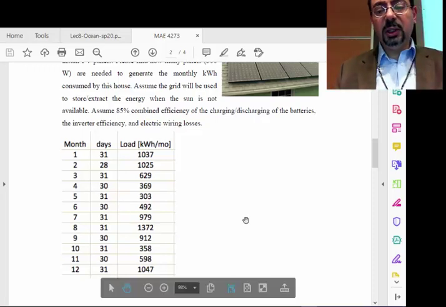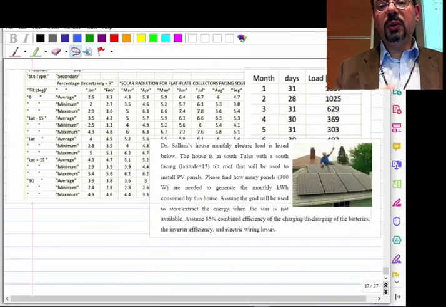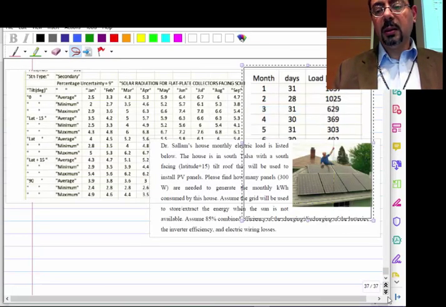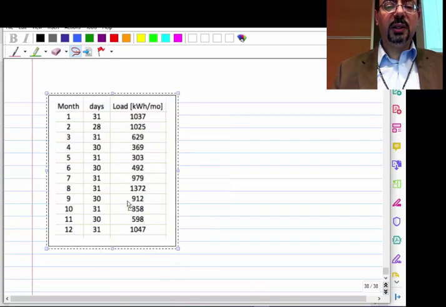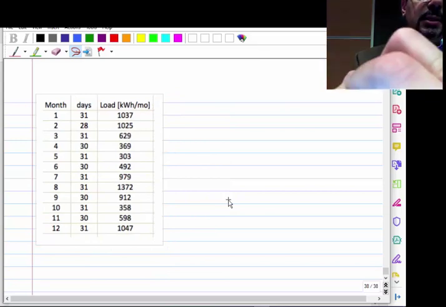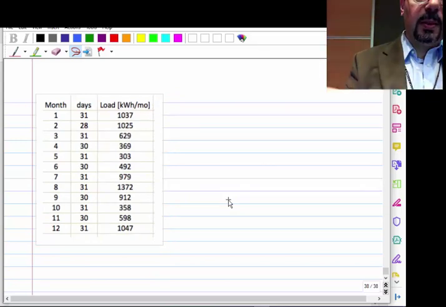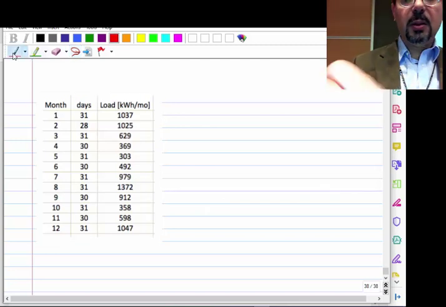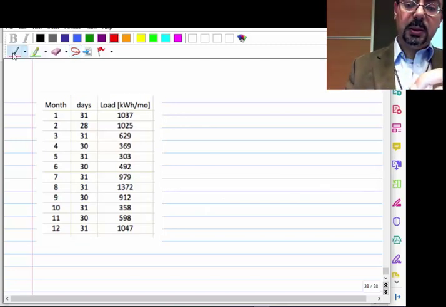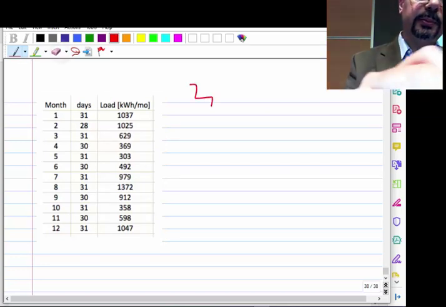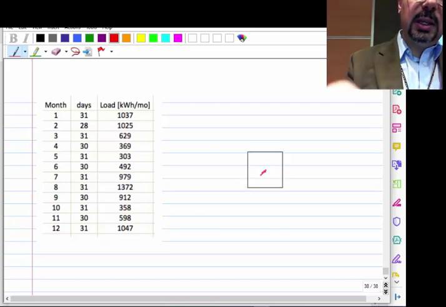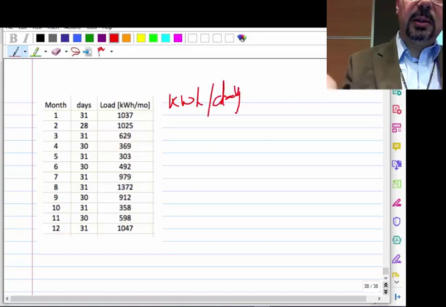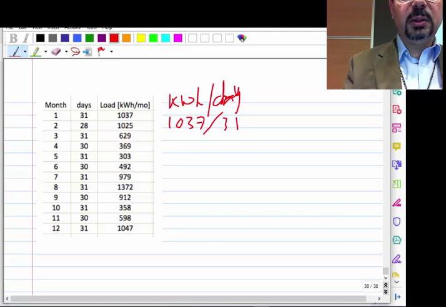So the first thing that you need to do is, when you have this guy over here, you would need to write the kilowatt hour per day, and so this would be 137 divided by 31.